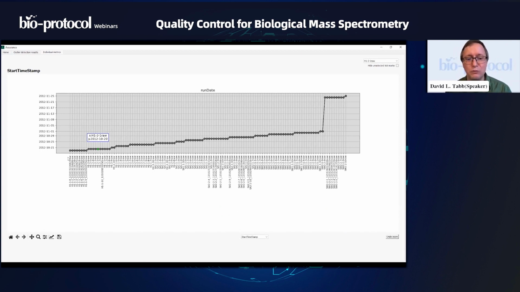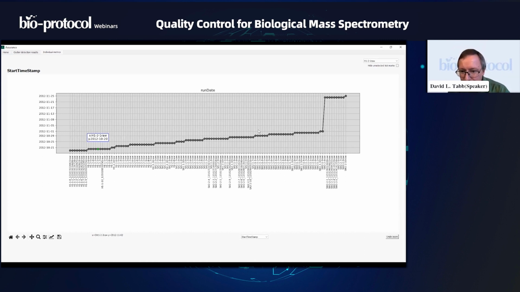And what we see is a really odd pattern. Here we have our first experiment run on the 21st of October in 2012. Here we see that the last file was run after my birthday, around Thanksgiving Day in 2012, November 25th. But I want you to note this huge gap right here between this file and that file.